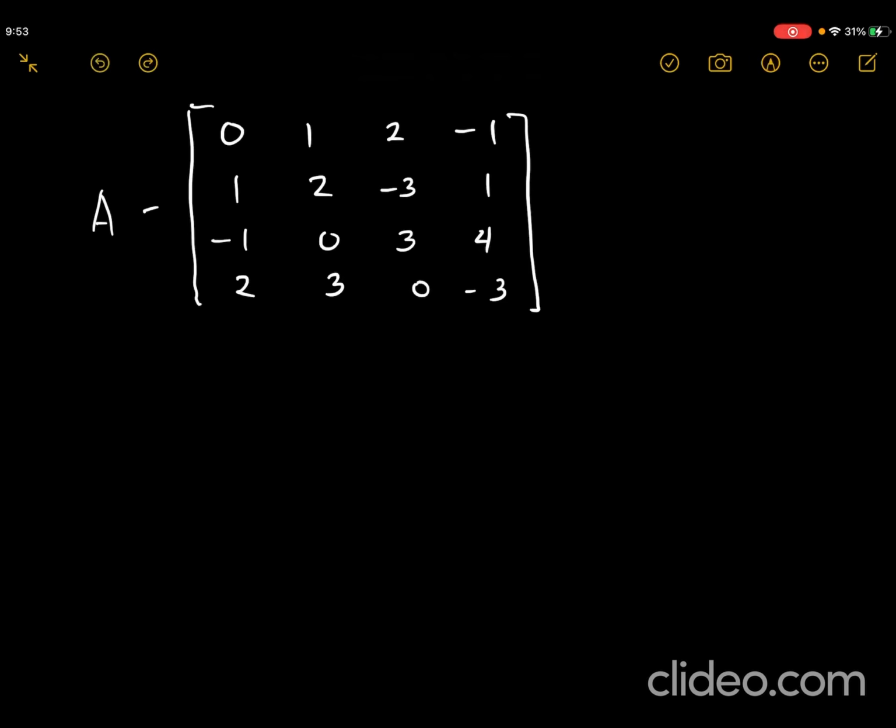We can interchange row 1 with another row. The most convenient row to use is row 2. So let's interchange rows 2 and 1. Doing that will give us this matrix.